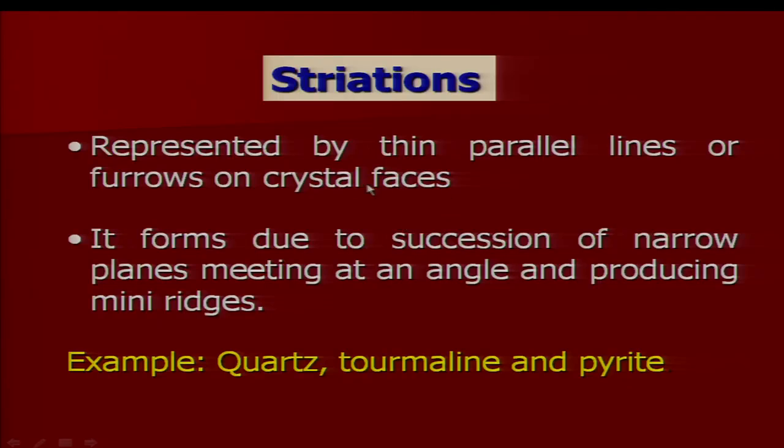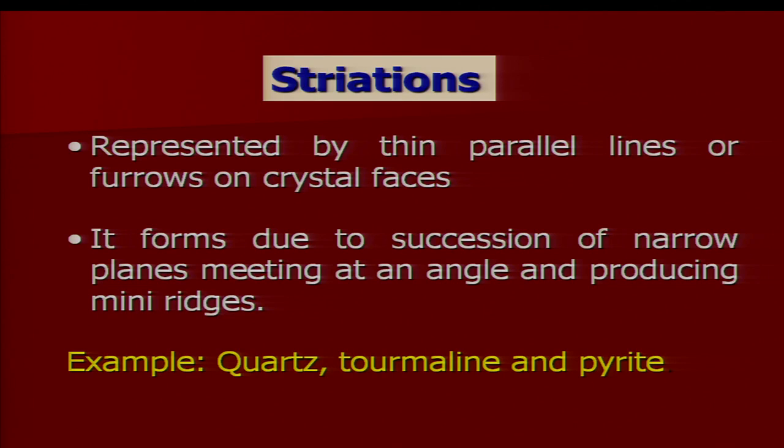They form due to a succession of narrow planes meeting at an angle and producing mini ridges. So, striation is a regular feature represented by thin parallel lines. This is a structure of furrows developed over the crystal faces.